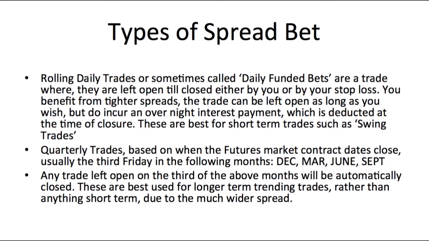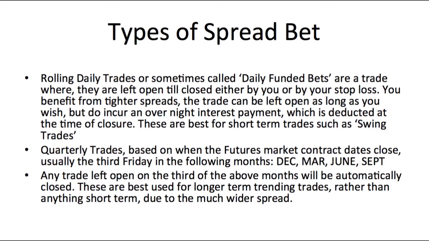But the advantage to having them open over that period is, say if you were looking at a trend and you wanted to trade over a longer period, you do pay more in terms of the spread, but you're not paying that interest payment like you do in rolling daily trades.